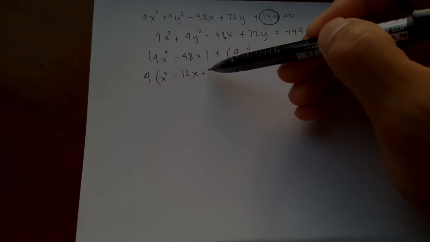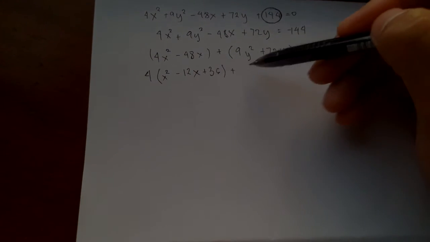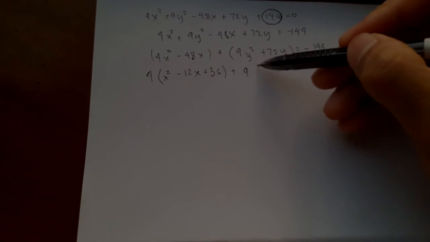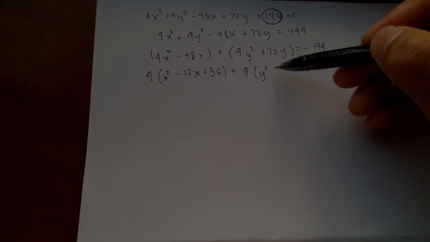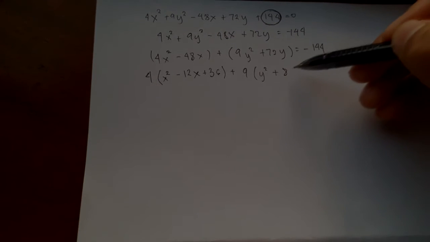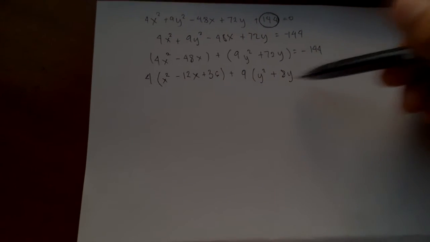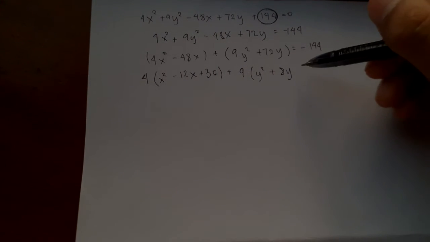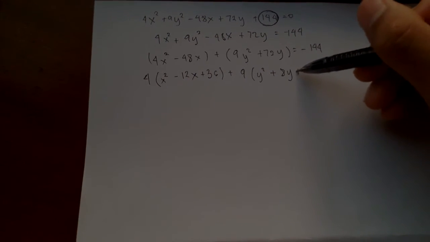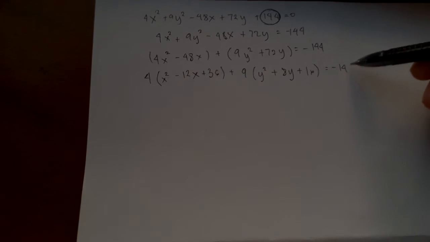It would be 36. Then on the 9, isolate the 9y squared. Then divide 72 by 9. It would be 8y. Then when we complete this, 8 divided by 2 is 4. 4 times 4 is 16. Plus 16 equals negative 144.